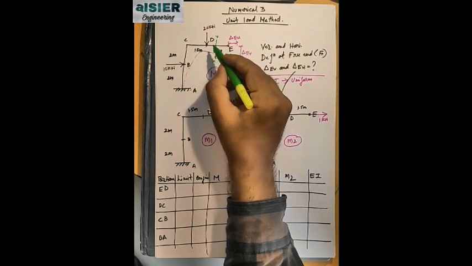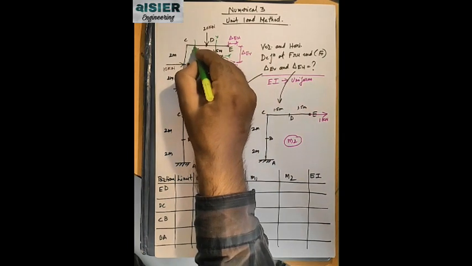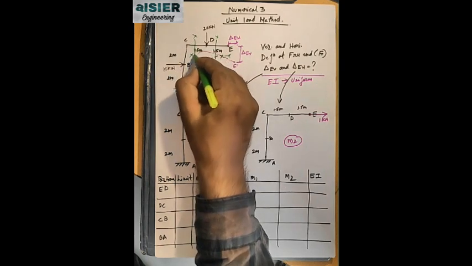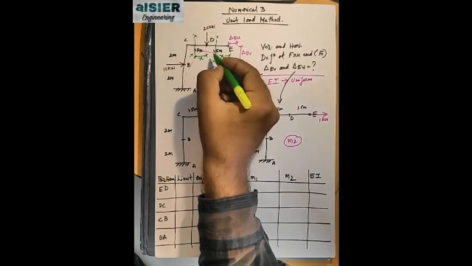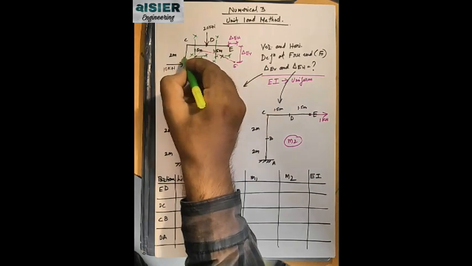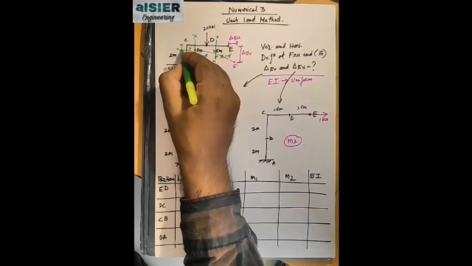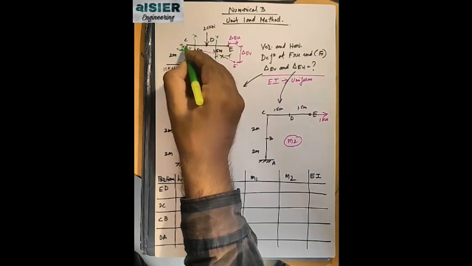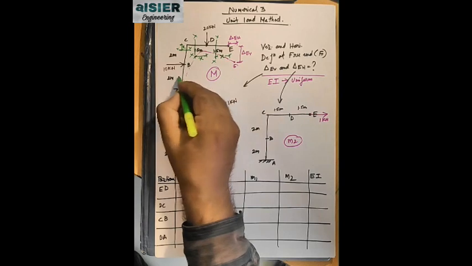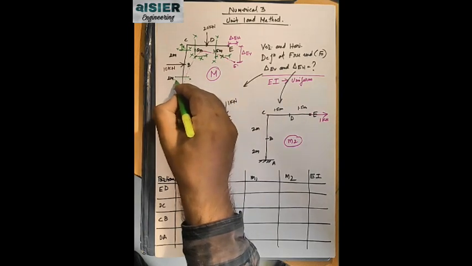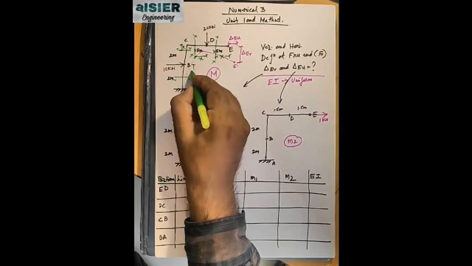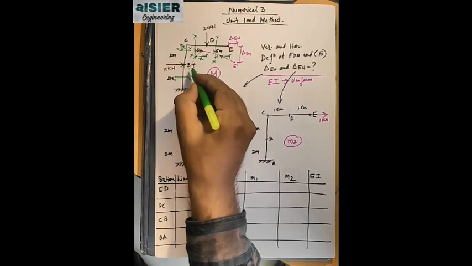So remember this. Okay. Similarly for CD region, I have taken the section XX and I will take the origin x from D. Similarly for CB region, we will take this section XX and we will take this distance from C. And for BA region, again we will take a section XX and we will take this distance from B.